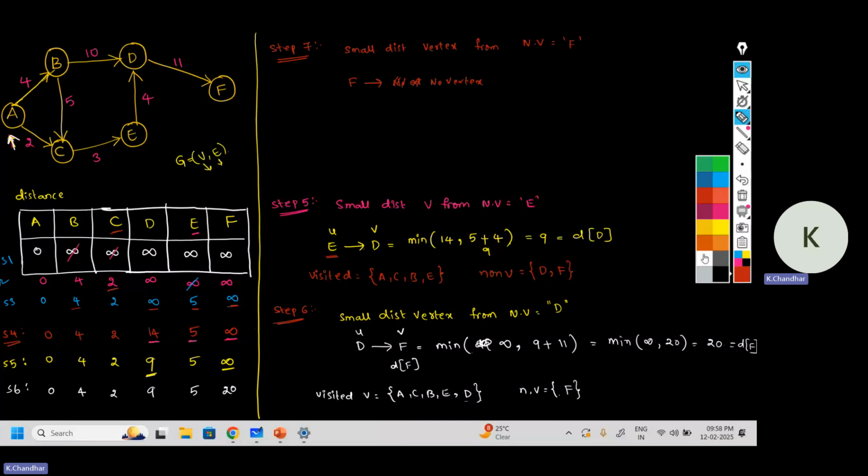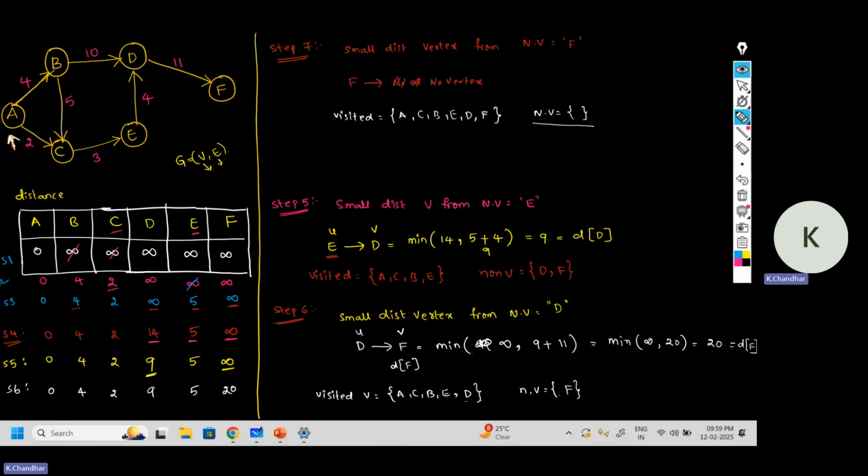So the visited vertices include F also: A, C, B, E, D, and along with that, I add F. And the non-visited vertices become empty. Once non-visited vertices become empty, you can stop the process.